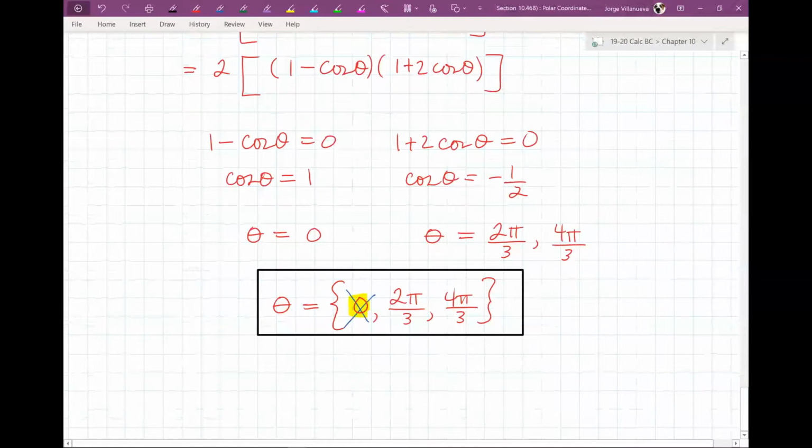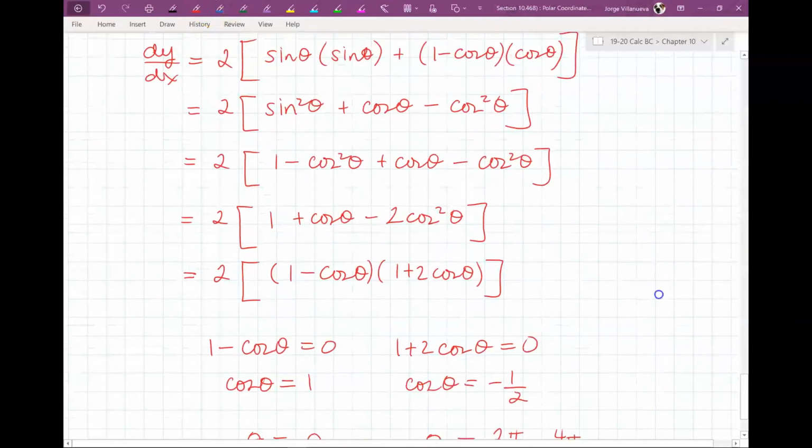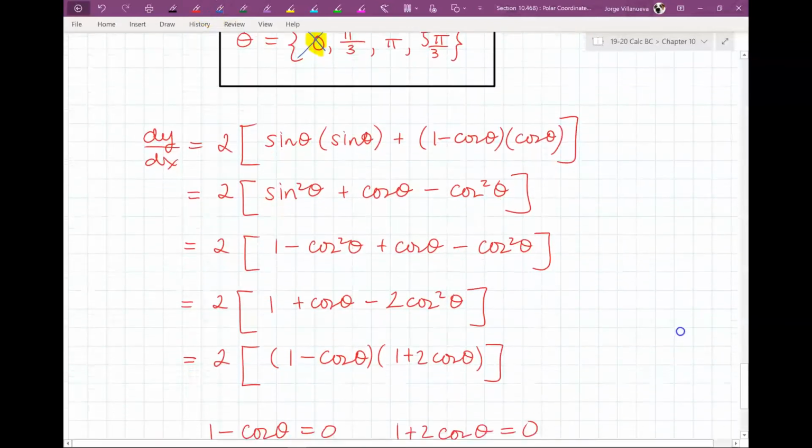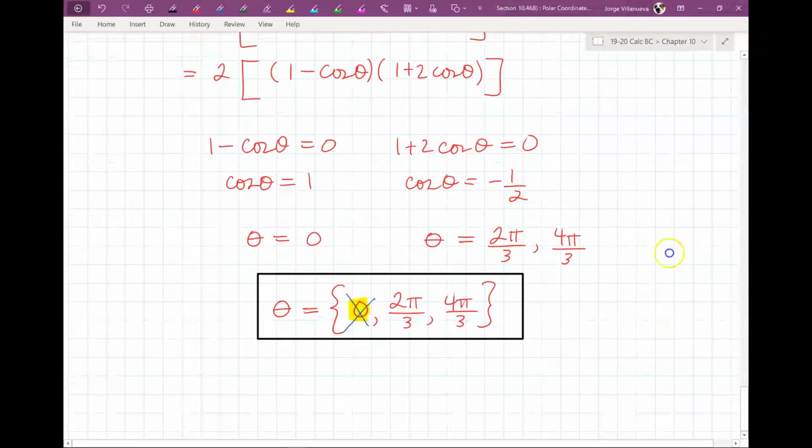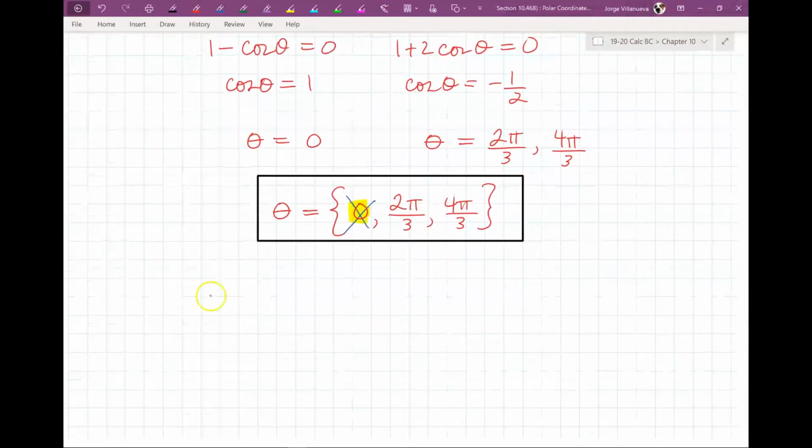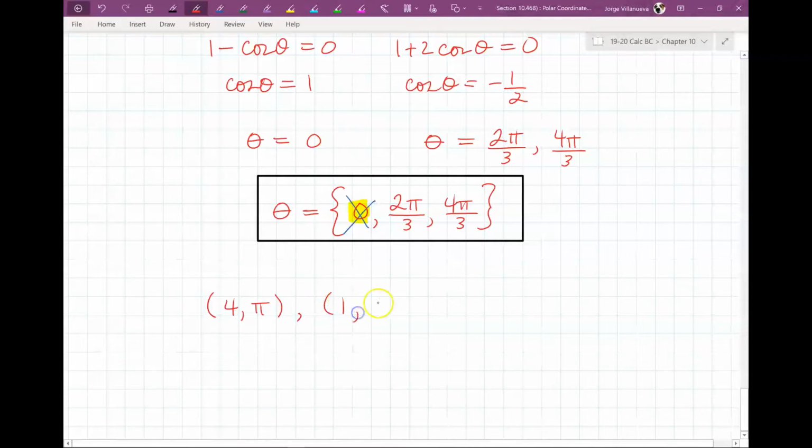Okay, so if they want the actual values where these things happen, then let's write this out here. So let's start off with pi, pi over 3, and 5 pi over 3. So at pi we get 4 comma pi, at pi over 3 we get 1 comma pi over 3, and at 5 pi over 3 we get 1 comma 5 pi over 3.